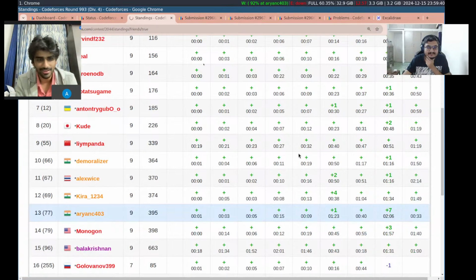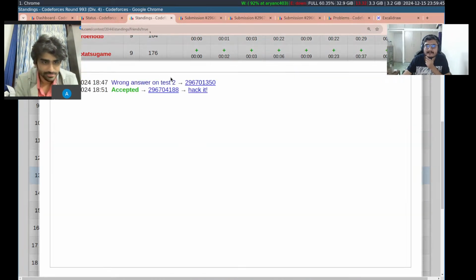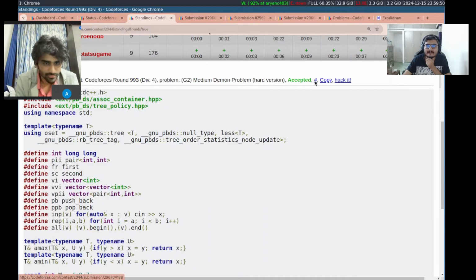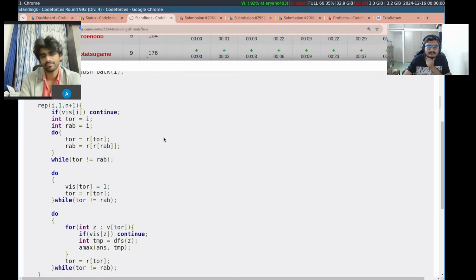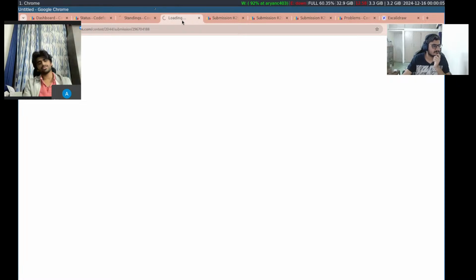So I felt really good after doing that. You can look at G2 or G1, any of those, my solution is the same for both. So yeah, if we actually look at the code, I have tor and rab.